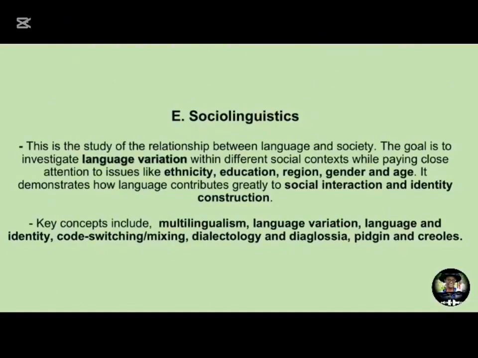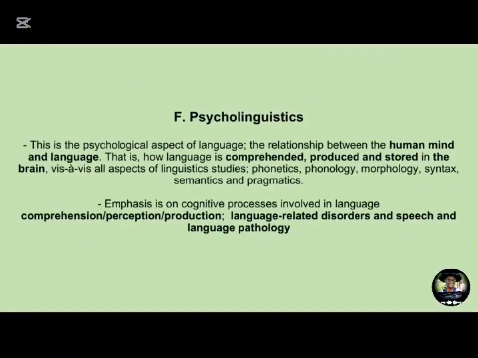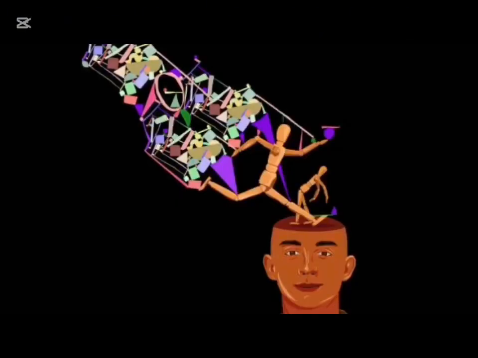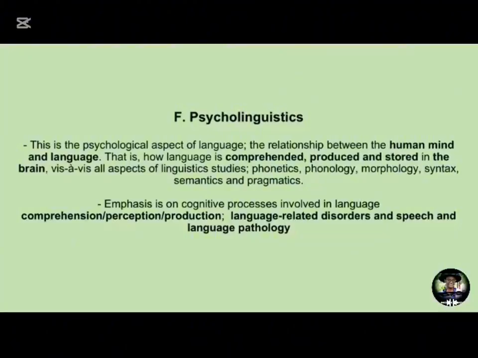Finally, in this course, we'll be looking at psycholinguistics. Psycholinguistics is the psychological aspect of language, that is the relationship between the human mind and language. That is how language is comprehended, produced and stored in the brain, vis-a-vis all aspects of linguistic studies such as phonetics, morphology, phonology, syntax, semantics, and pragmatics.